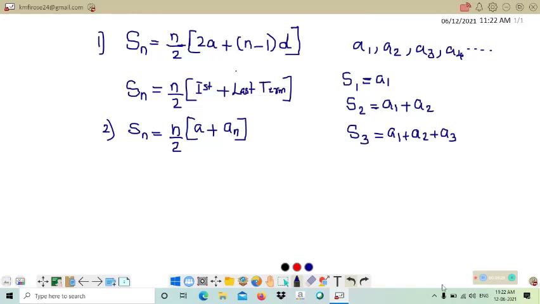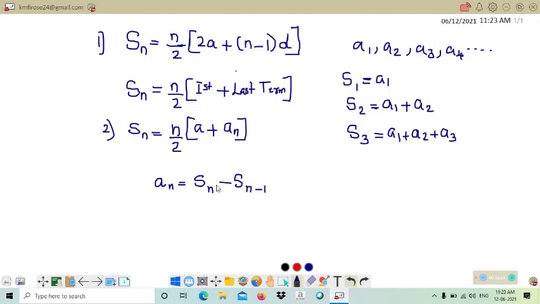Now let us discuss how to find the general term, the nth term, when the sum of n terms is given. So Sn is given. How to find the nth term? It is very easy. The nth term is equal to Sn minus Sn minus 1.